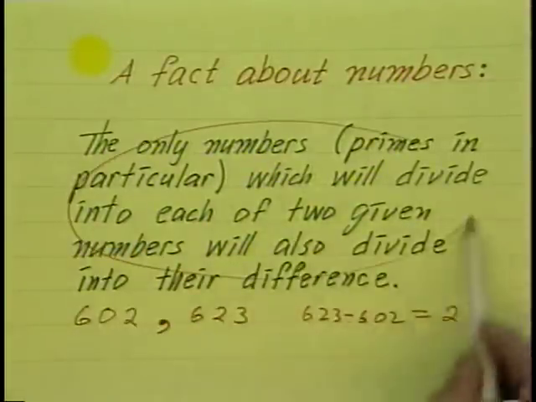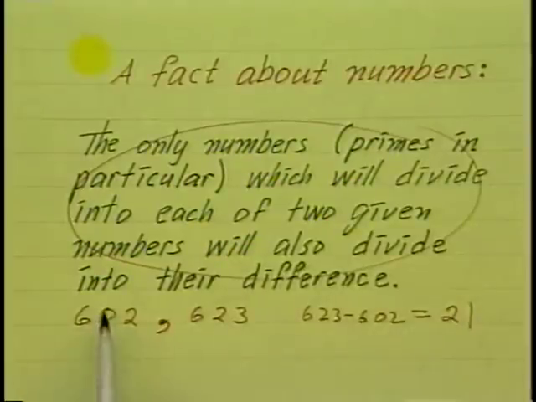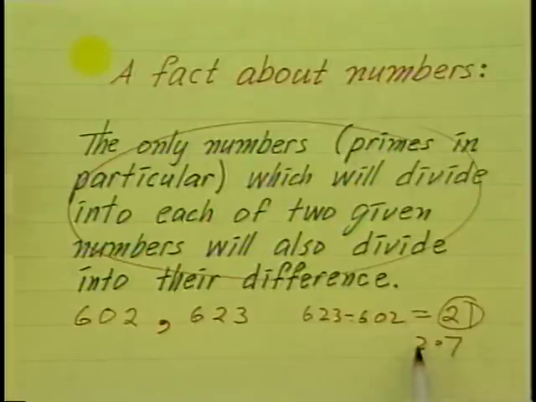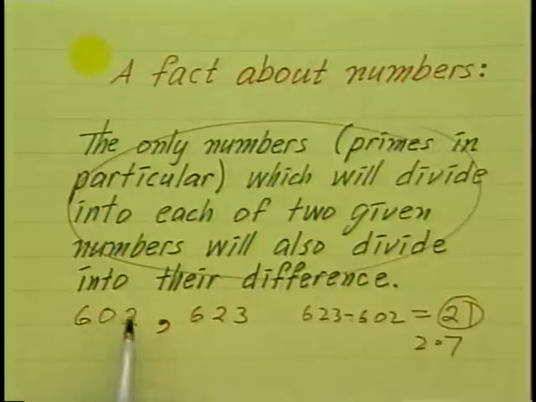Now, this claim is this. The only numbers that will divide these 2 must also divide this smaller number. But this number, the difference, is so small that I can see that the only prime numbers that will divide this are 3 and 7. Hence, the only candidates to divide these 2 are also 3 or 7.